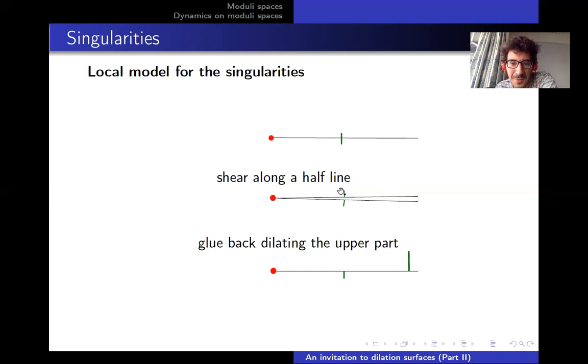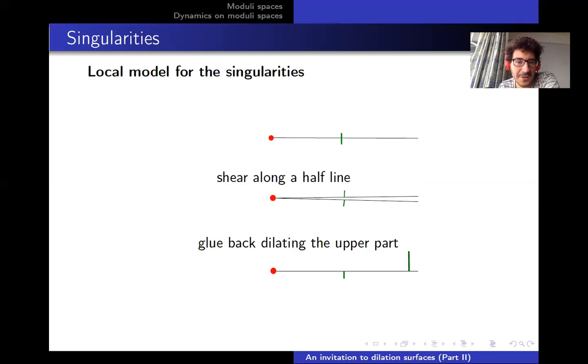My marker moves along the line, being dilated, and it gets bigger, and then I glue back. So it means that when I go around my singular point, I sort of see a contraction. I would have followed maybe the circle of radius 1 centered at this point, and I go around, and when I come back, I've sort of spiraled and contracted. If I go the other way around, I swell.